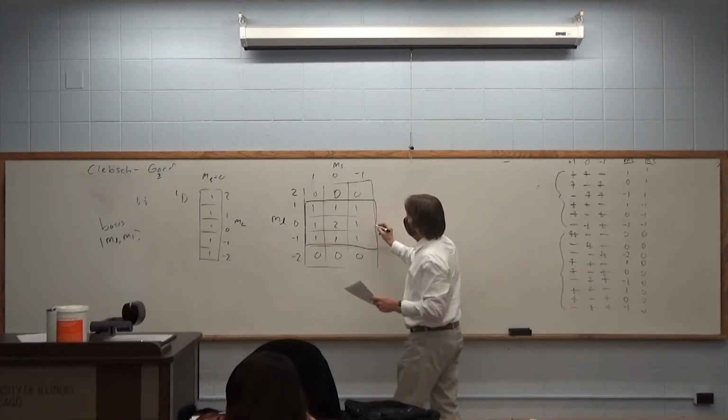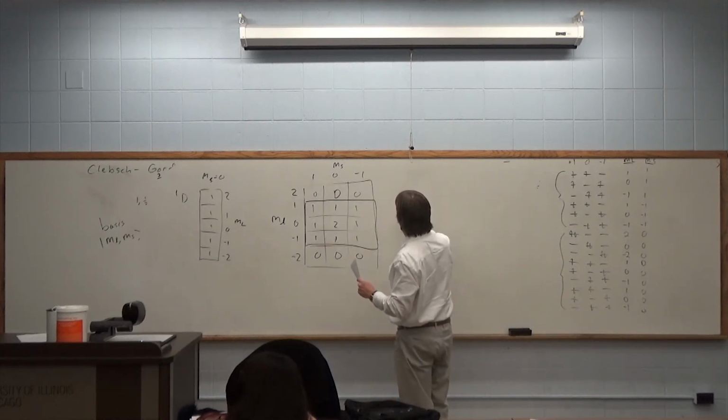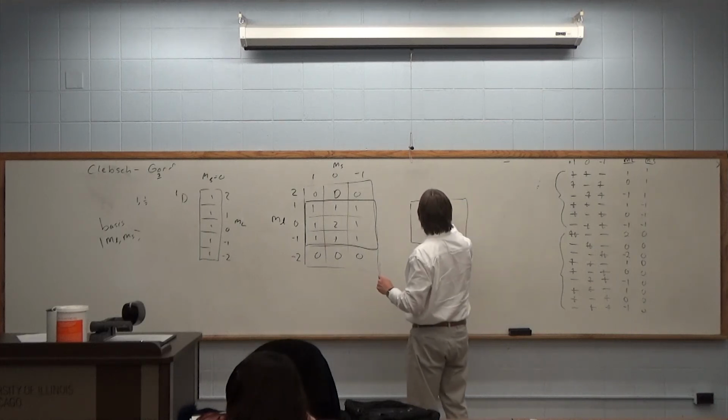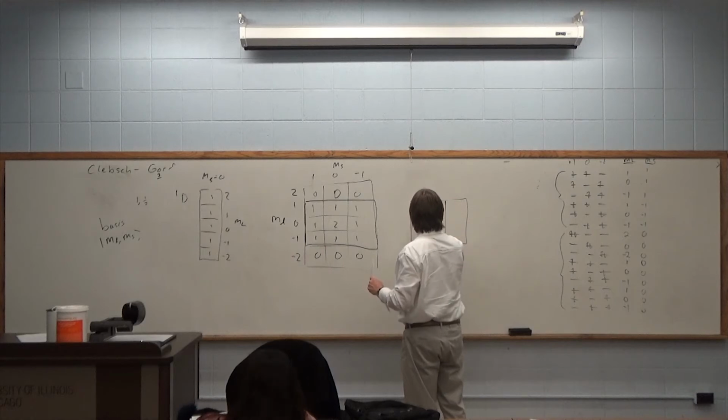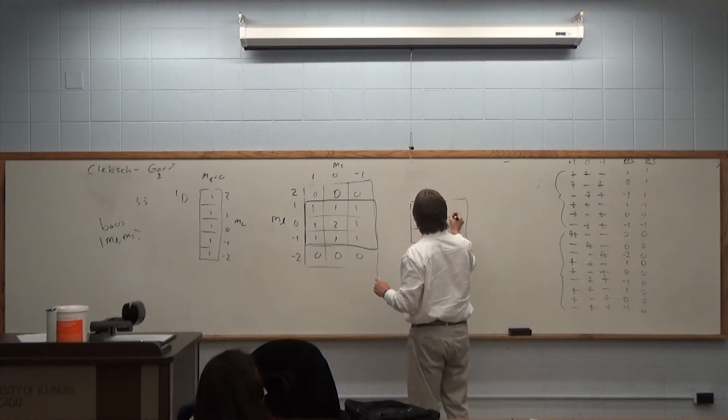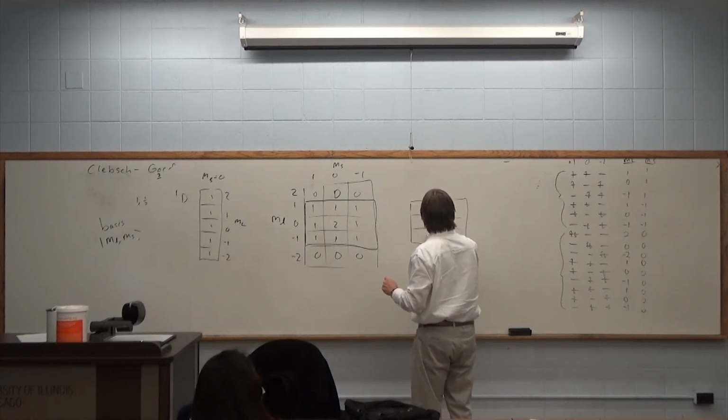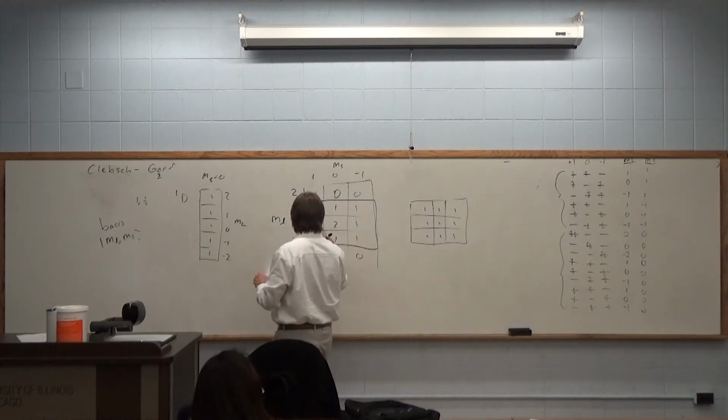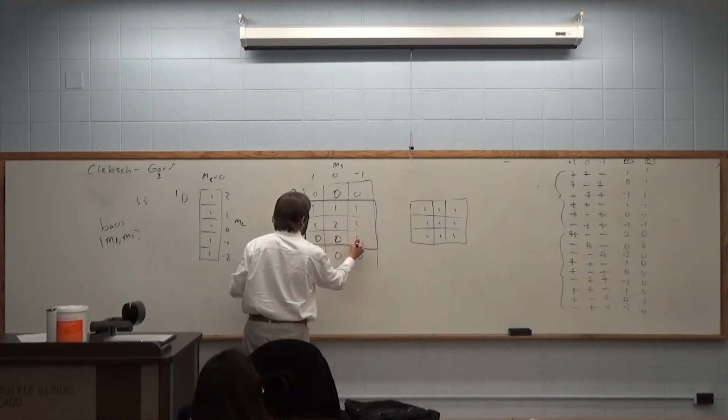Now let's take out the central box. It looks like there's 1, 1, 1, 1, 1, 1, 1, 1, 1. Let's see, what does that do for us? Let's take out 9.